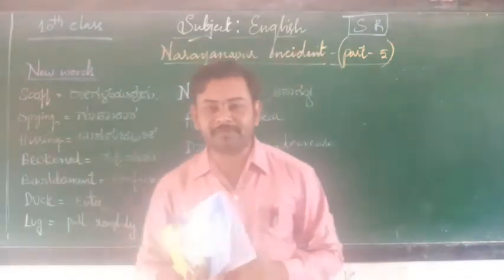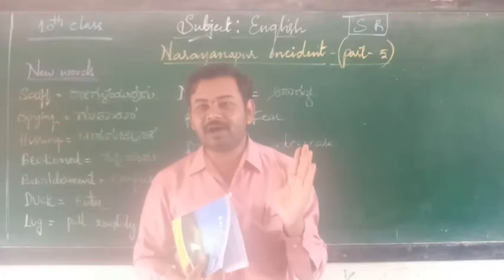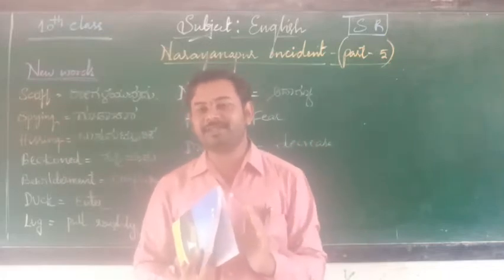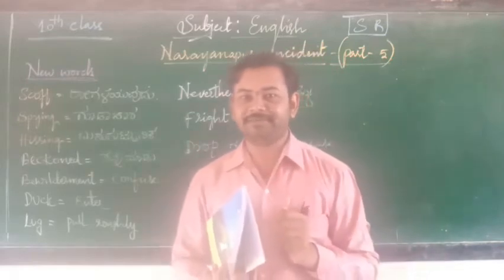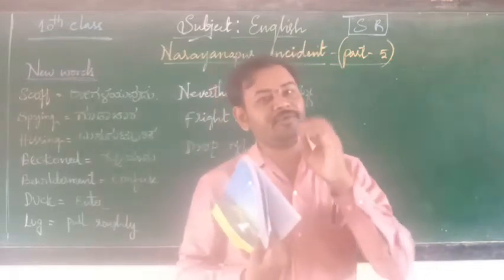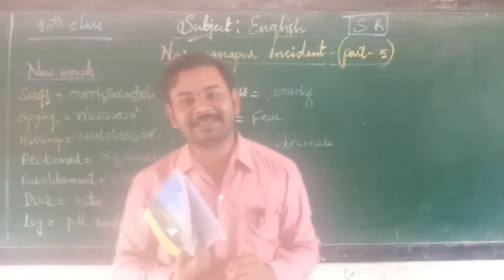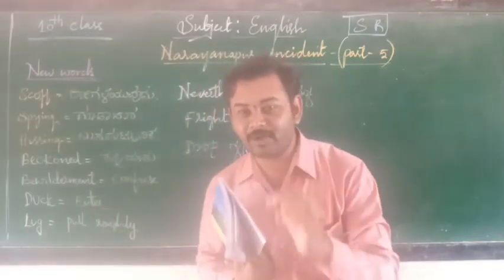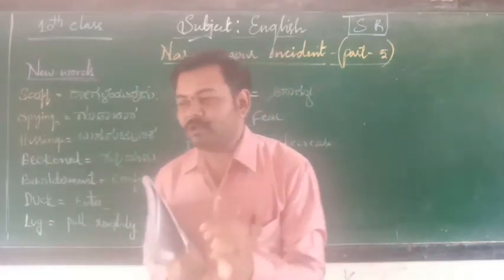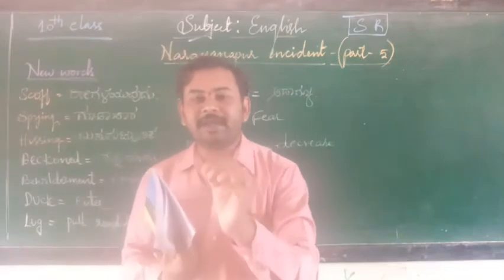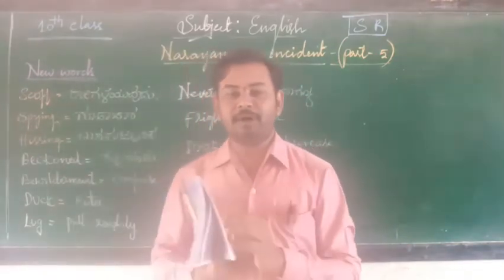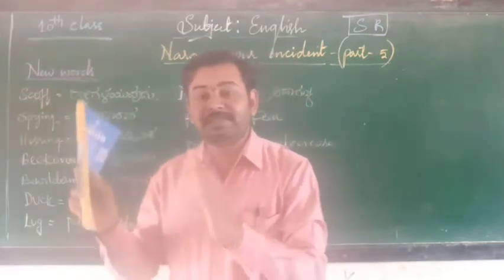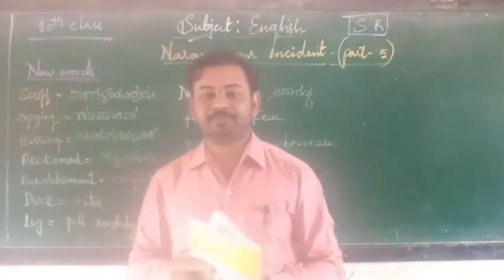Before we start the 5th part, let us recall what we had discussed in part 4 of the same lesson. Got it? Can any one of you tell me what we discussed in the last class? Yes, very good. We came to know the important aspects of the home of Mohan and the incidents taking place in the house.